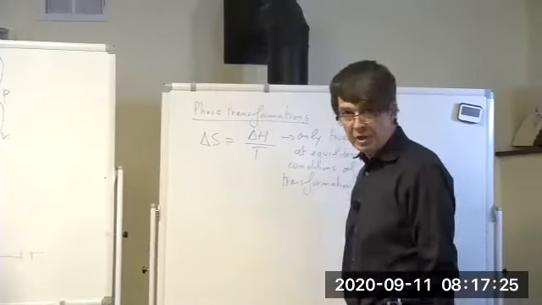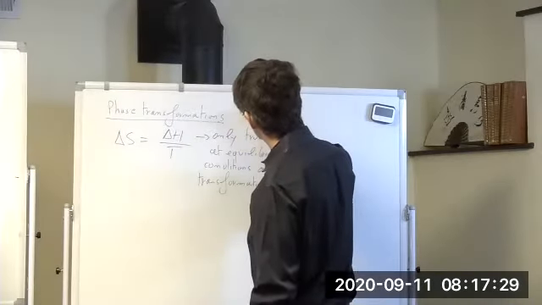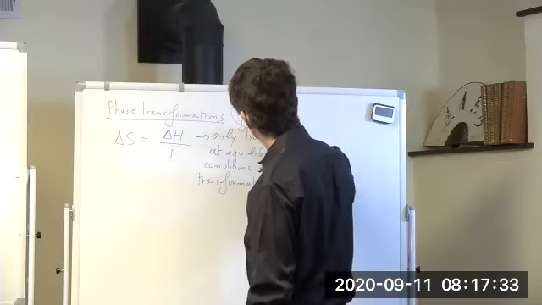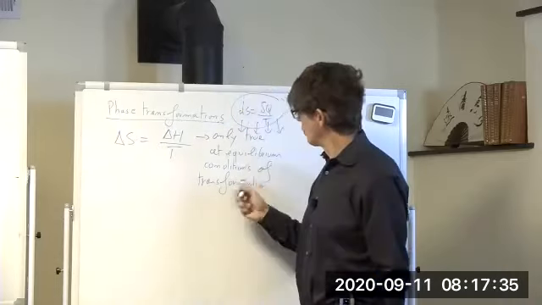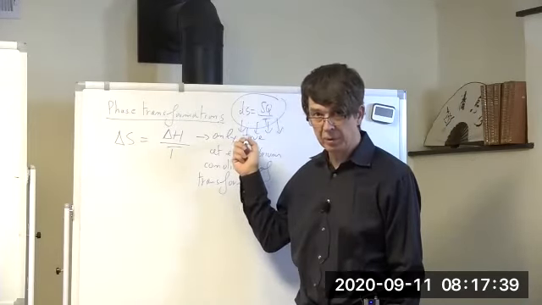Right? Because the reason for that was only in equilibrium do we have that dS is δQ over T, right? So because of this, you can only integrate this along a reversible path, which is the equilibrium path.